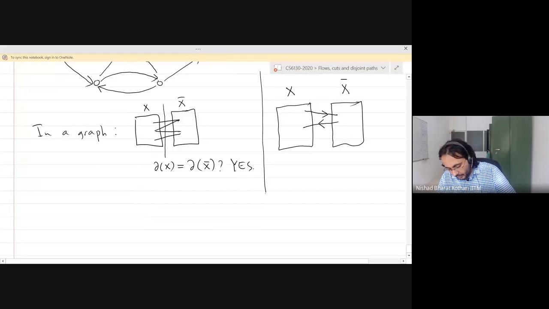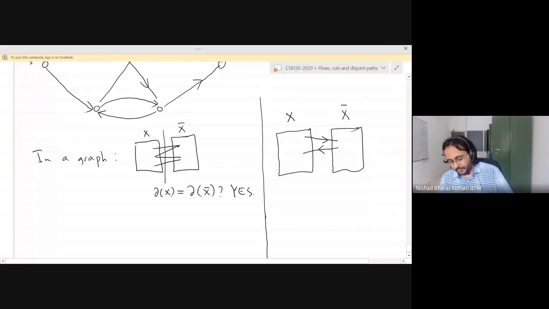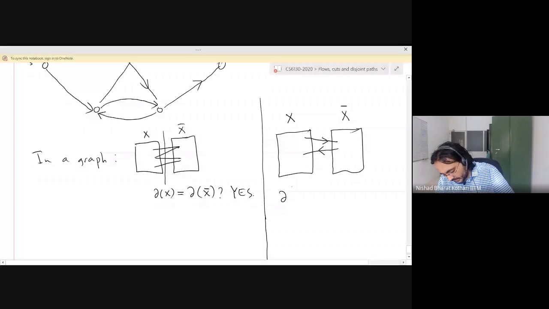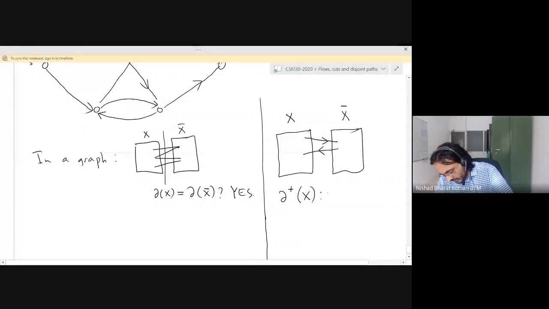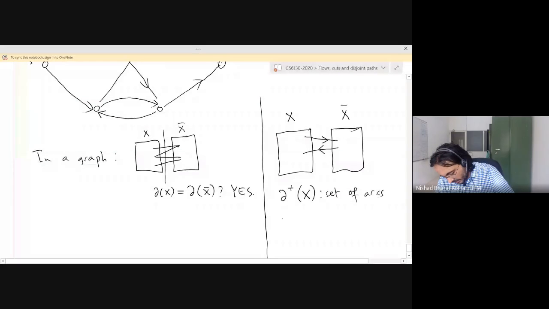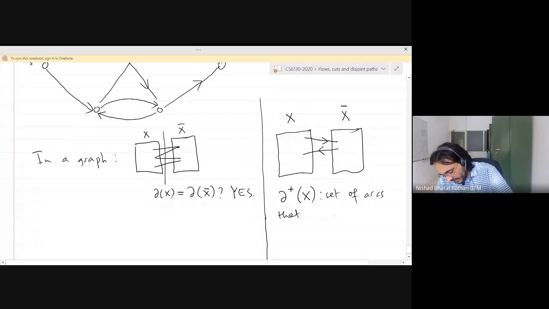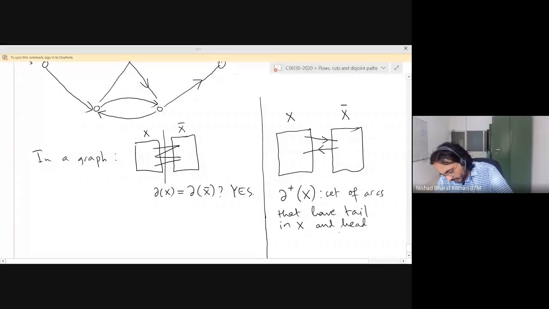So we will use different notation for these two cuts. Okay. So partial plus of x is going to be the set of arcs that have tail in x and head in x bar.